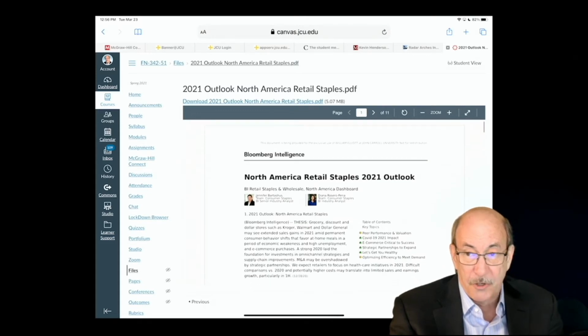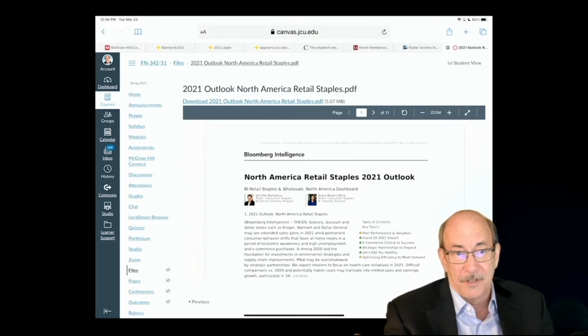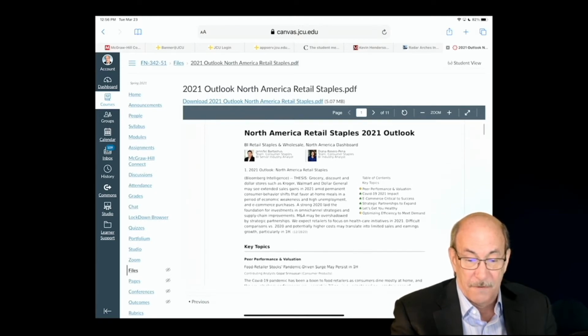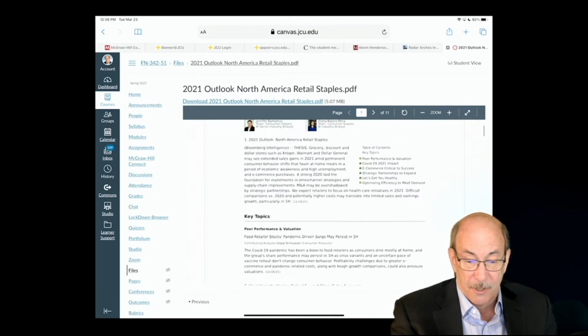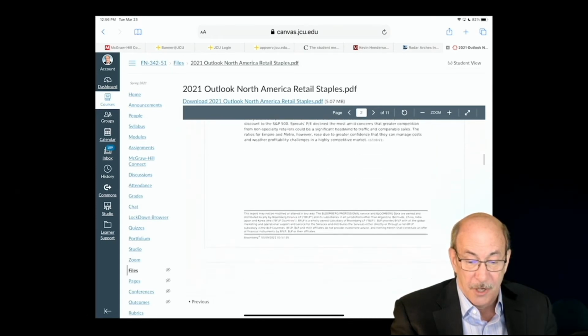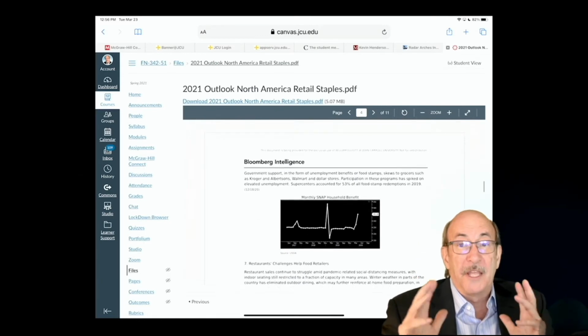You go into Bloomberg, and BI is going to be your code up in the little blue bar, and that gets you to the right spot. Here's the general outlook on retail staples, and it could simply be this.